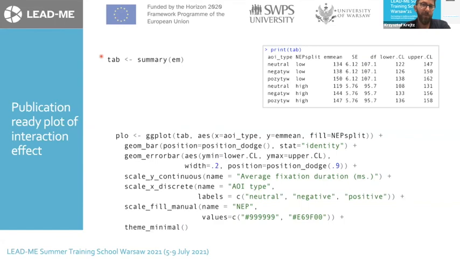So I create a new object, tab, summary of EM. EM is my table. When I print tab, it gives me a very similar output as just printing EM, but it's a different type, so better suited for use with ggplot. Then I create a new object, which is a new plot.